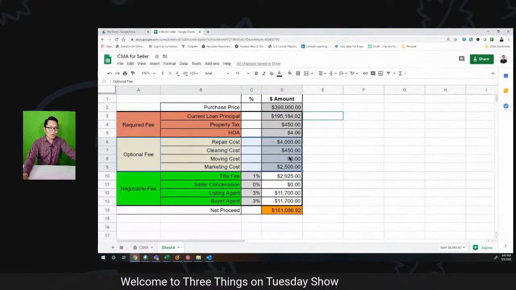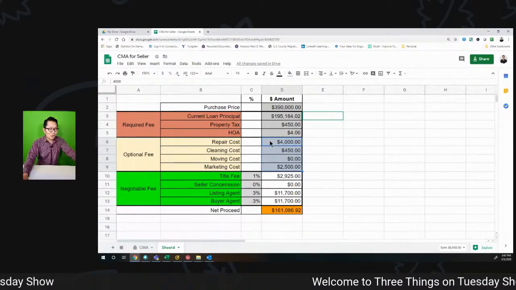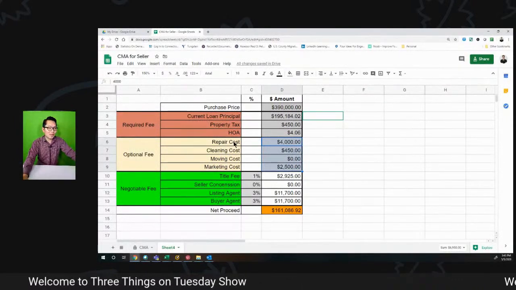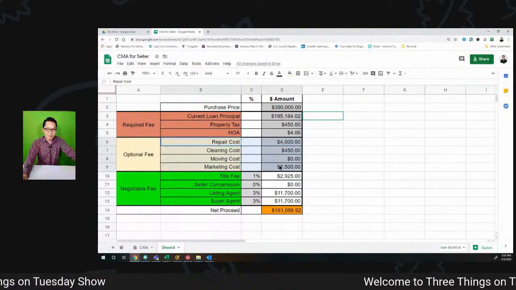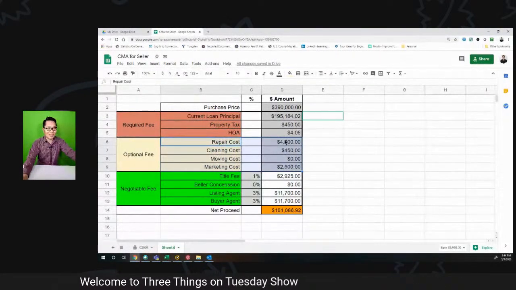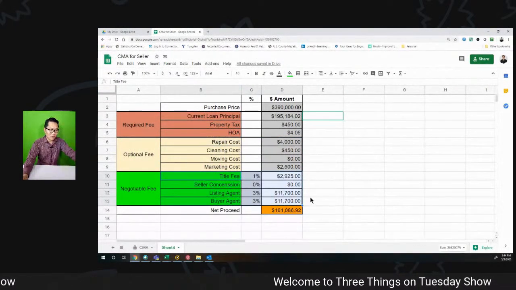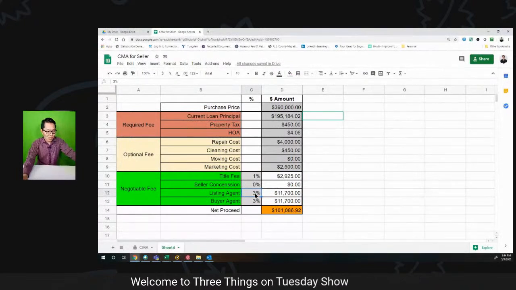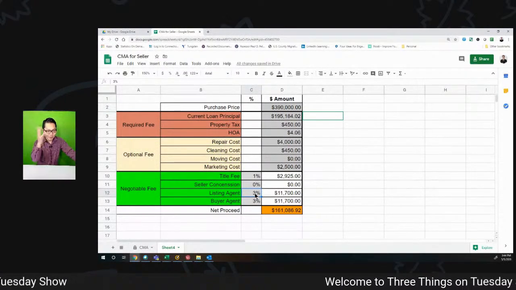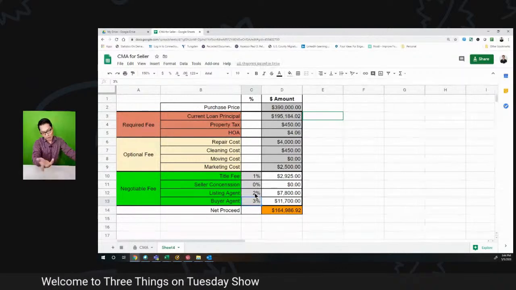If you want to limit the cost, she may choose not to use it. If you want to save a little bit of money on the agent fee, and you use a discount agent at say 2% for sale, then she's going to keep more than that.